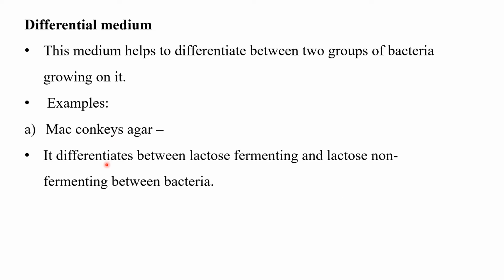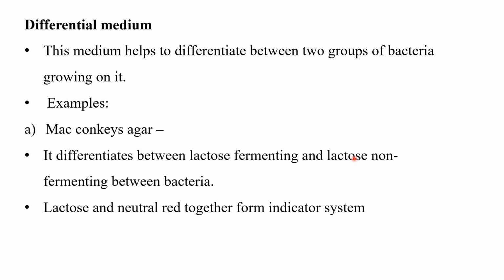Now, by using this MacConkey agar, we can differentiate between two groups of bacteria, lactose fermenting and lactose non-fermenting bacteria. For the differentiation between these two types of the bacteria, the MacConkey agar should consist of lactose and an indicator system, that is the neutral red.